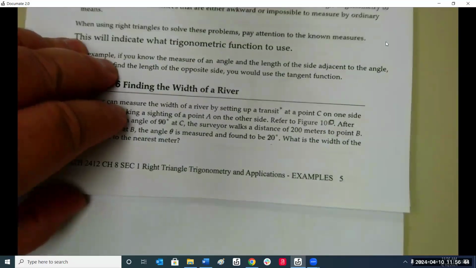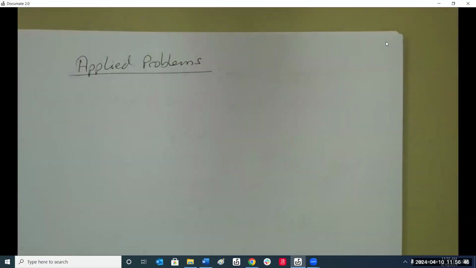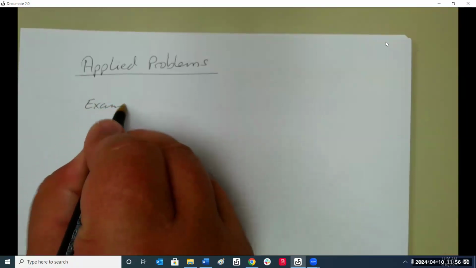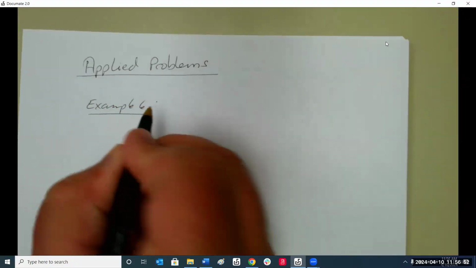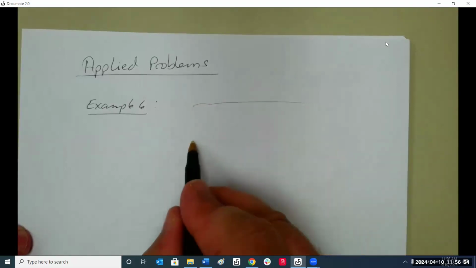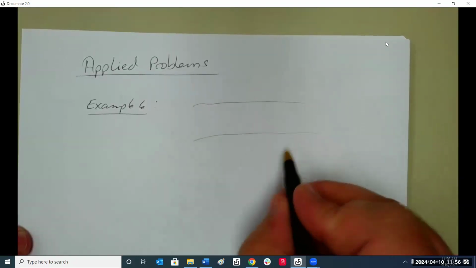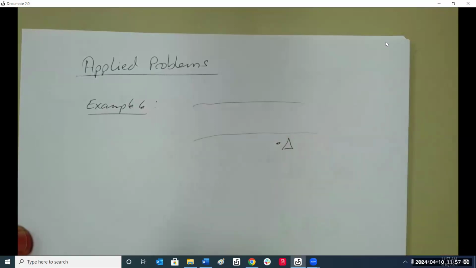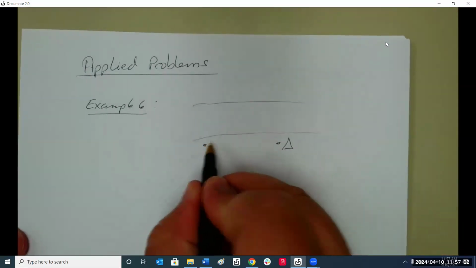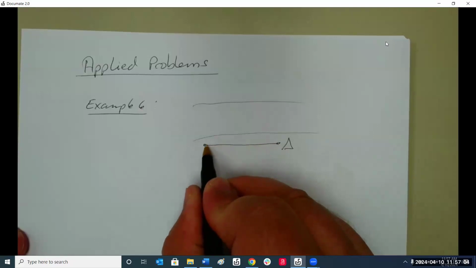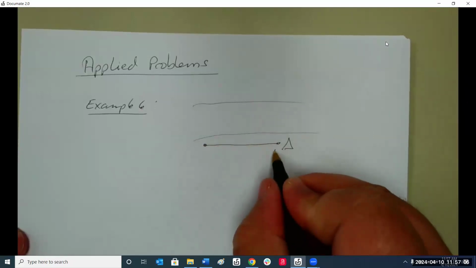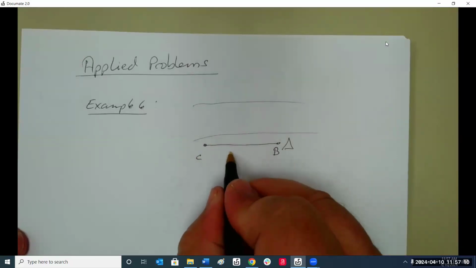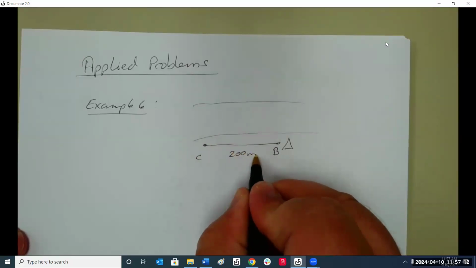So let's look at the picture. So here we have a river. That's where he set it up. This is point B. This is point C. We know that it's 200 meters.